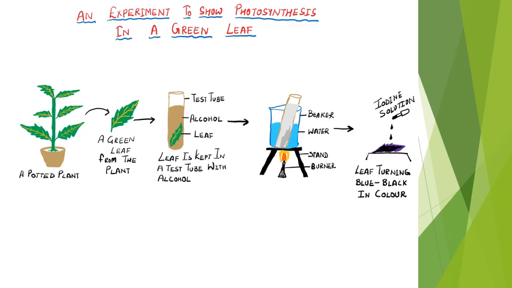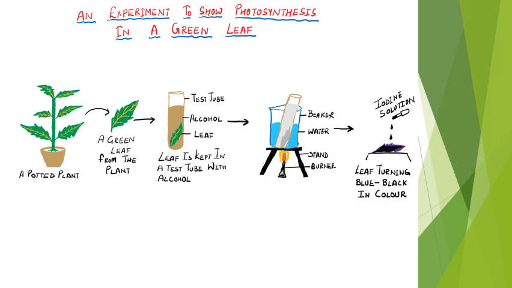To test the presence of starch, a special chemical is used, which is iodine solution. The characteristic of this chemical is that whenever it is added to starch, it turns it blue-black in color.